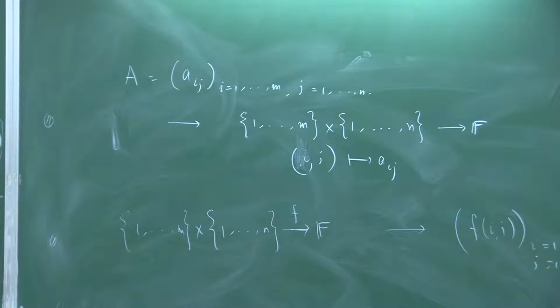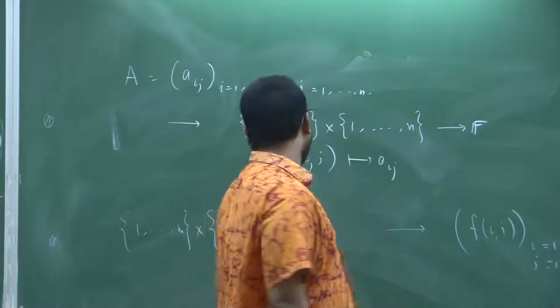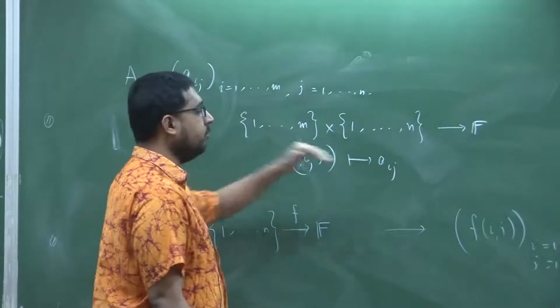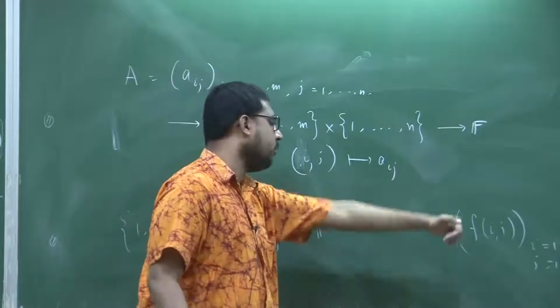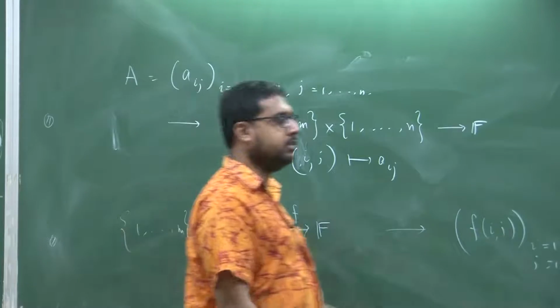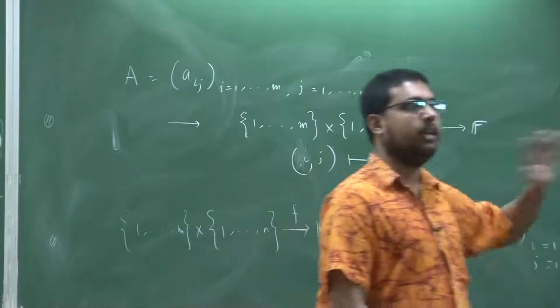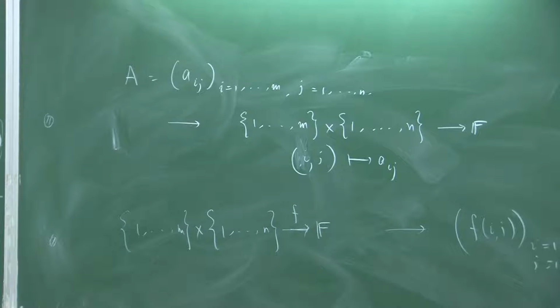And as earlier, these two processes are inverse to each other. That is, you start with a matrix, applying this mechanism you get a map, and then on that map you apply the second mechanism and construct a matrix. You will see this matrix is exactly the same as the matrix we started with, and similarly for the other one.